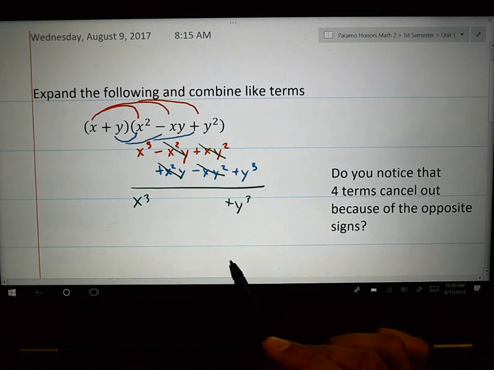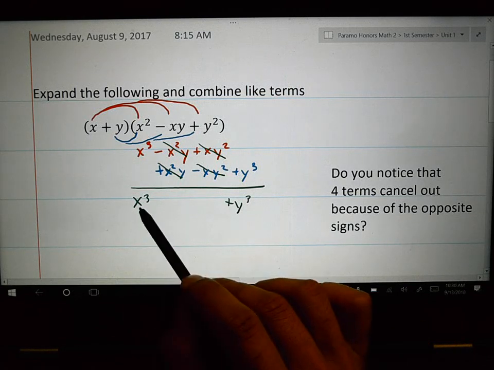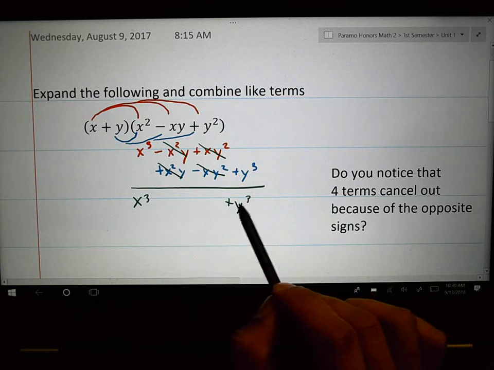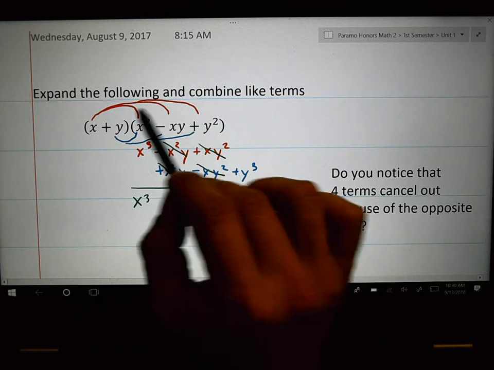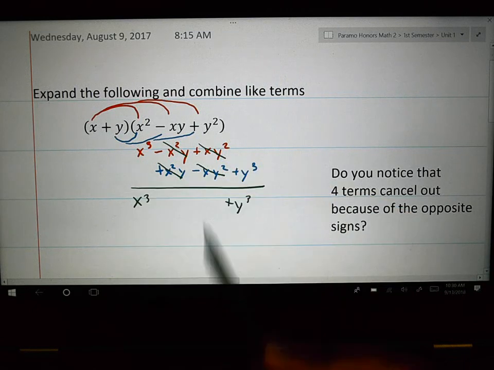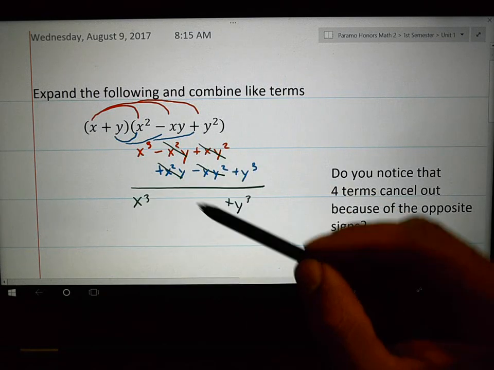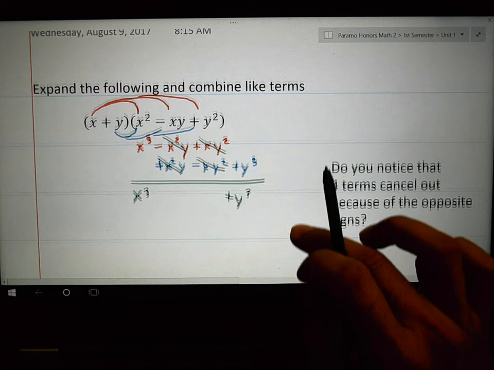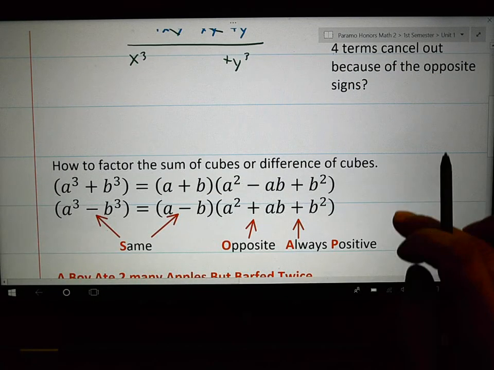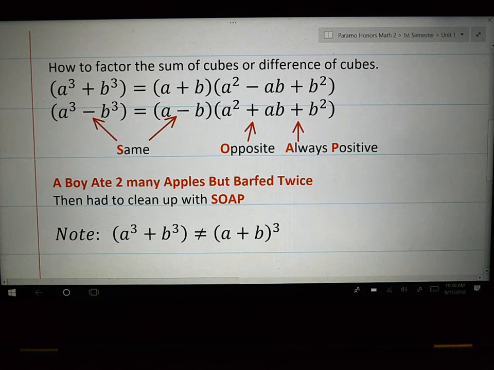Mathematicians a long time ago figured out that if you have something to the third plus something to the third, you can factor it using this pattern. This pattern will break it and turn it into multiplication. And this pattern doesn't just work for adding cubes, it actually works for subtracting cubes.